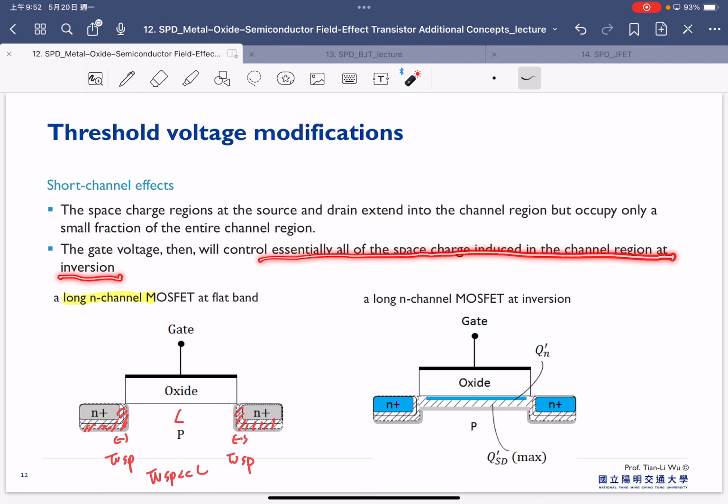You can see this is our gate voltage applied here. And because these are very small, the channel charge here is almost dominated by our gate voltage.